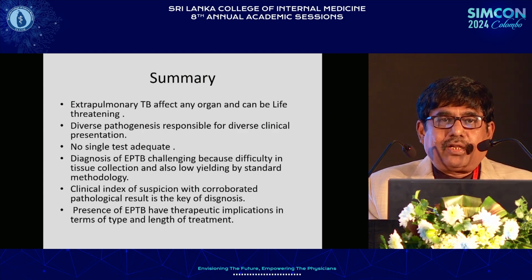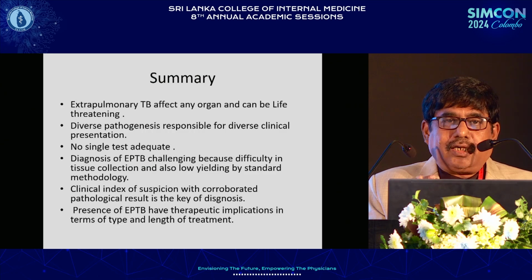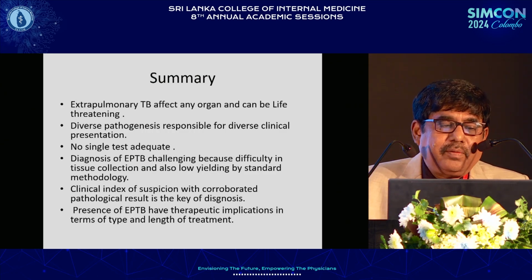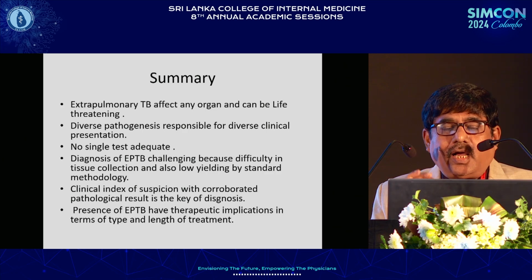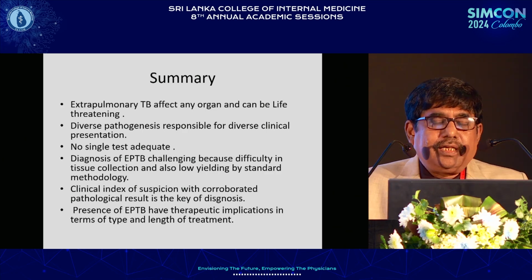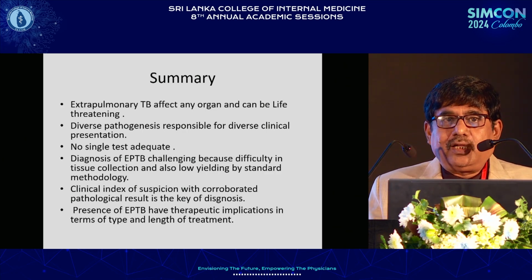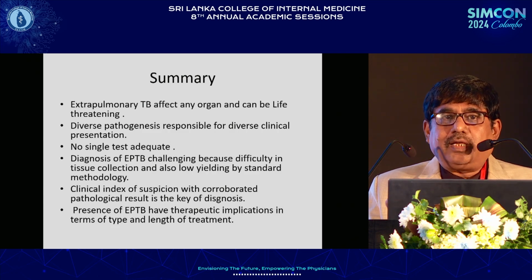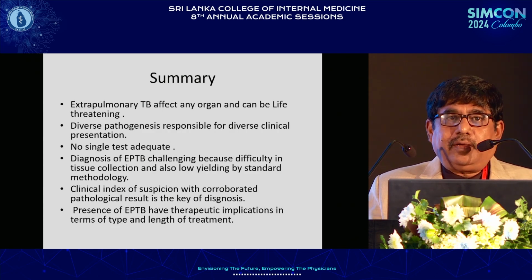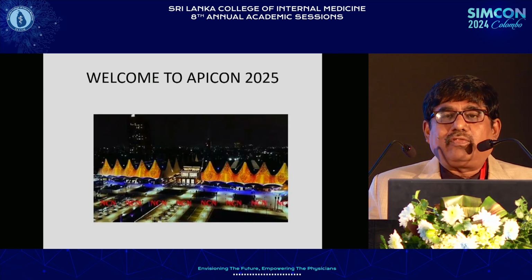No single test or pinpoint diagnosis; culture positivity or AFB staining positivity many times may not be possible. So that is why a high clinical index of suspicion is very much required of the physician to diagnose a case of extrapulmonary tuberculosis. Even after 5,000 years, that is still a challenge to all of us.